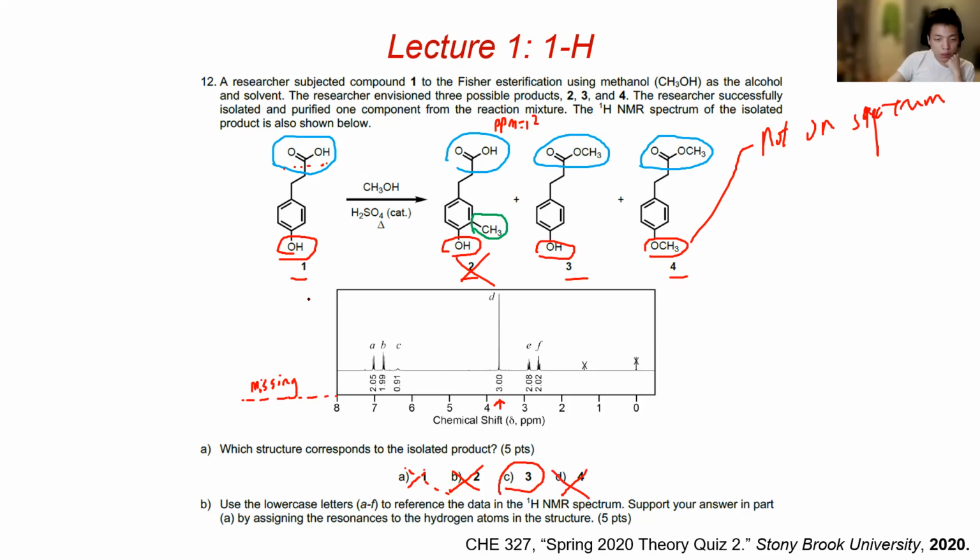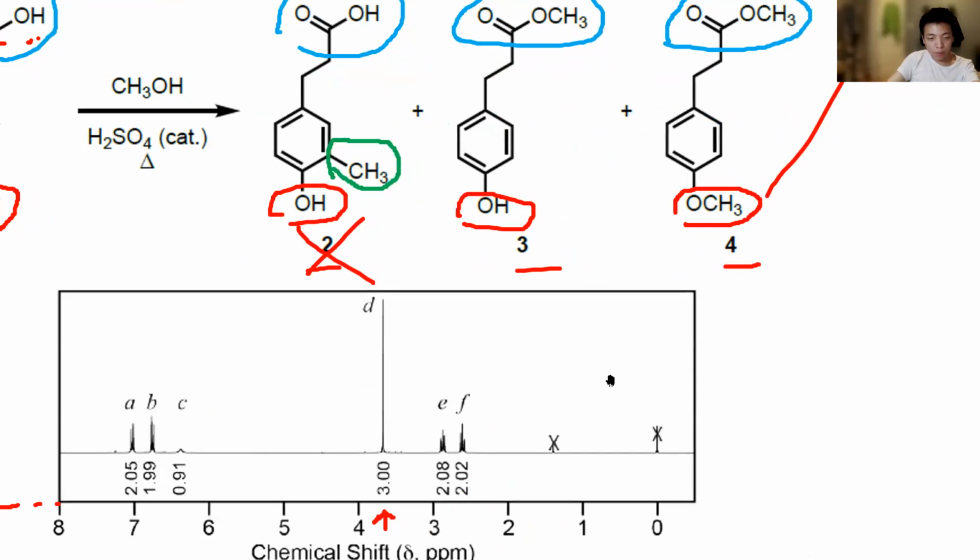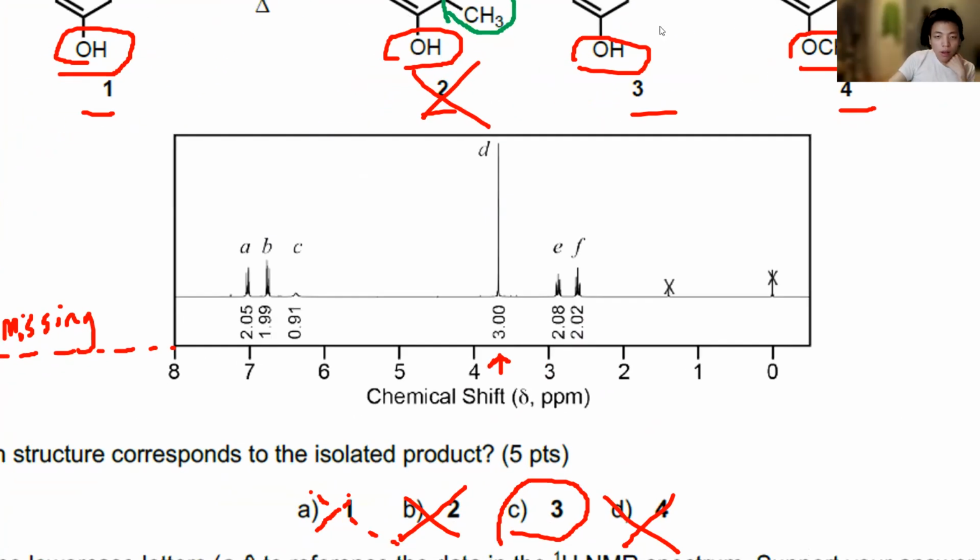And then we can also try to assign peaks. So we have a structure of a benzene. And then we have our alcohol here.